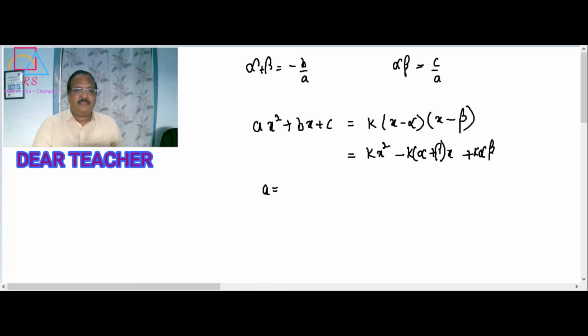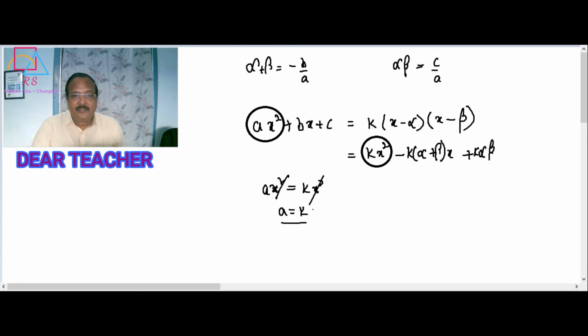Compare the x square terms: on the left hand side the x square term is ax square, and on the right side it is kx square. So a is equal to k. That means equating the like terms on both sides of the equation, because this is an equation.